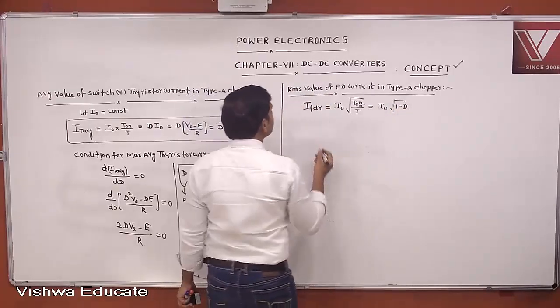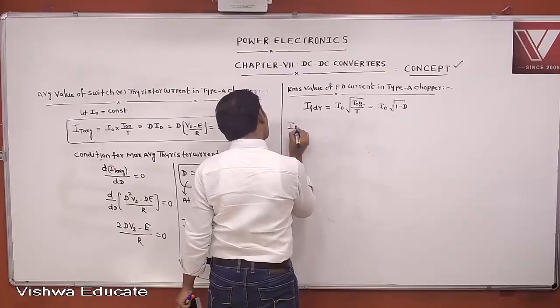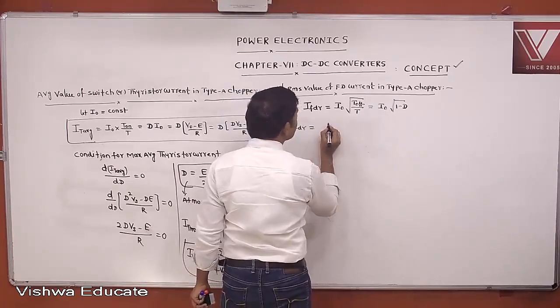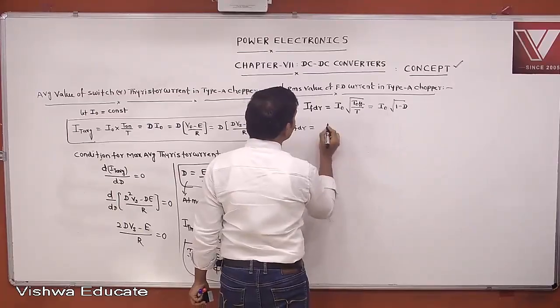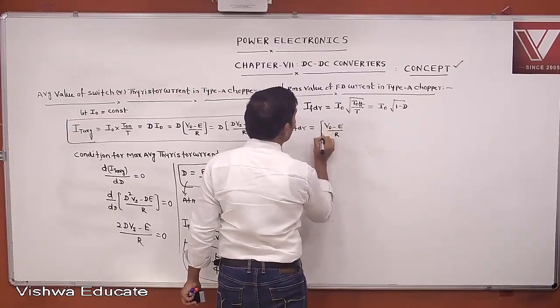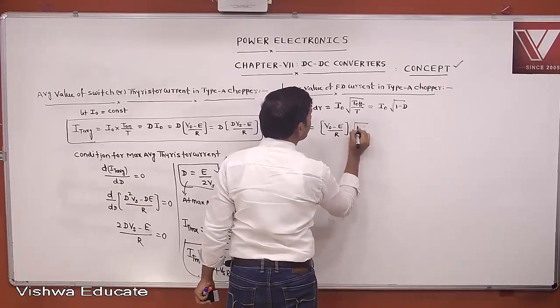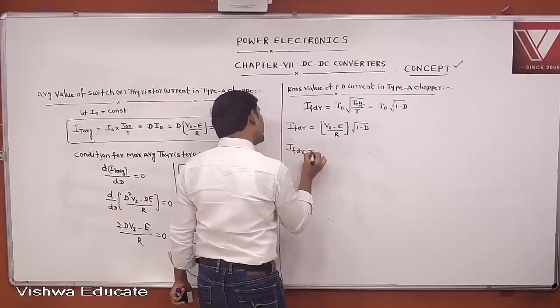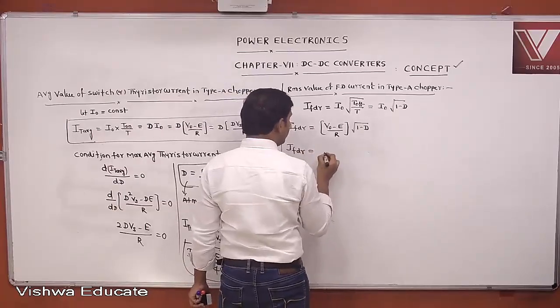Then shall we write like this? The RMS value of freewheeling diode current IFDR equals I naught, written as V naught minus E by R, because it is an RLE load, into square root of 1 minus D. Then you simplify this one. How to write V naught?